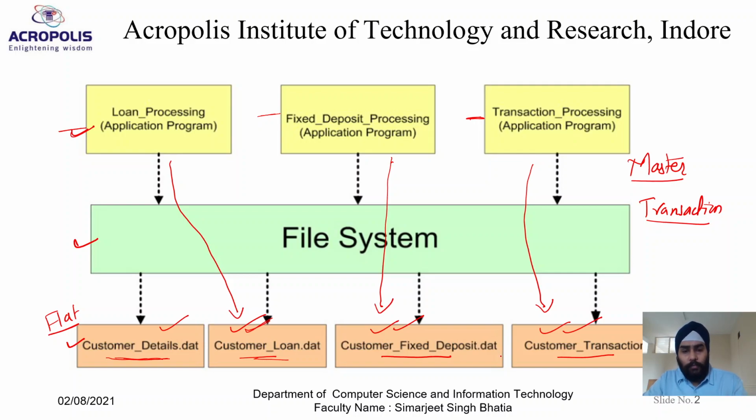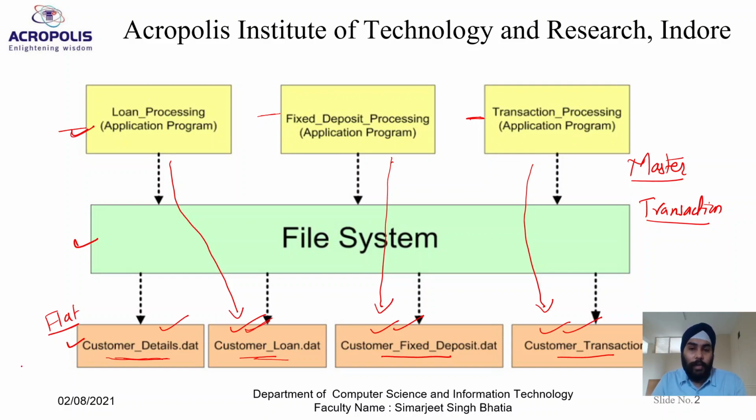While I am changing this detail, suppose I forget to change it in the customer_fixed_deposit.dat file. It will be a chaotic situation, because the detail which has to be changed in all four files is now changed in only three files. And this is the case of only four dat files.